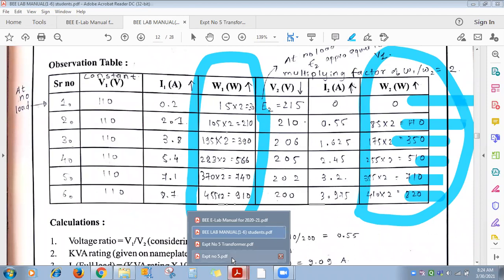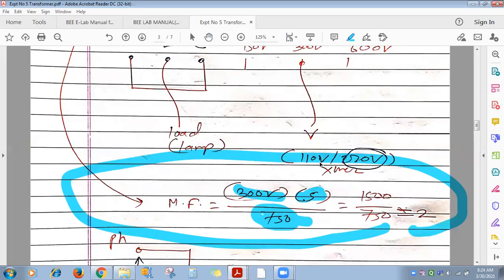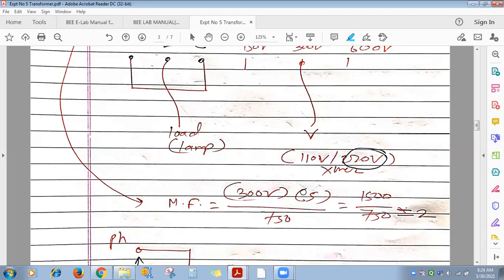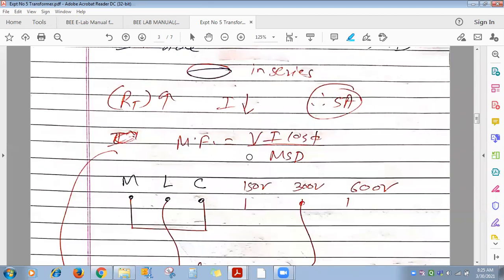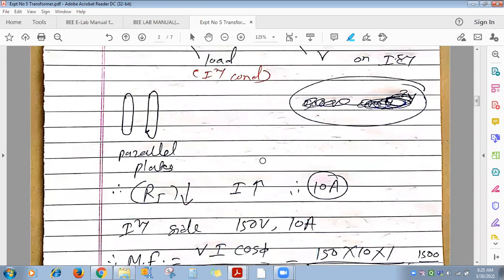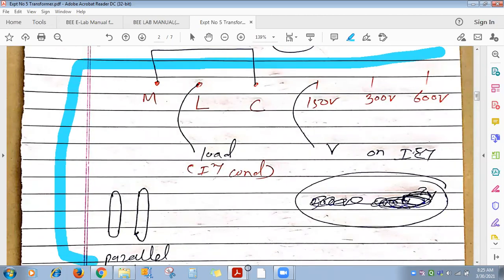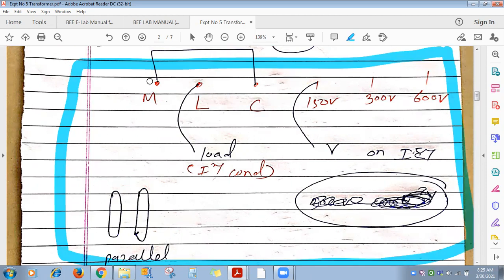Got it? Okay. Next, I will tell you why this V range and why this I range. Any wattmeter is a wooden color box, and at the top you will find 6 terminals.